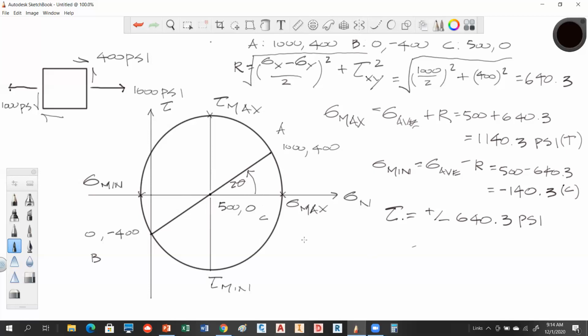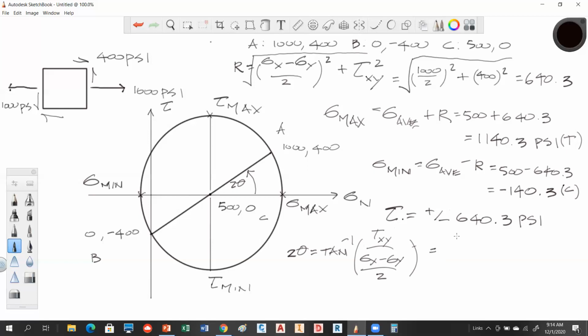So 2 theta, and you can look at the equations for that, is the arctangent of your tau xy over your normal stress subtracted divided by 2. So the average normal stress, in other words.